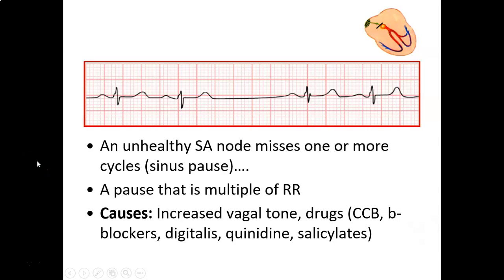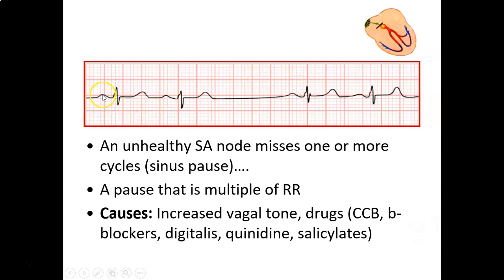Okay. If you look at this rhythm strip, here it's slow as far as the rate is concerned, and it's occasionally irregular.